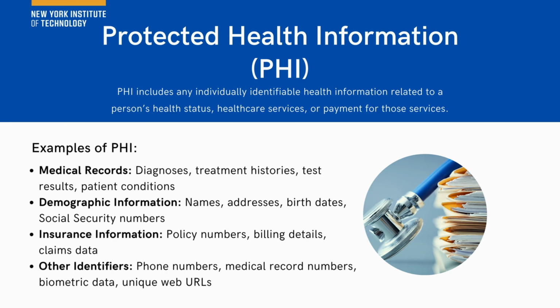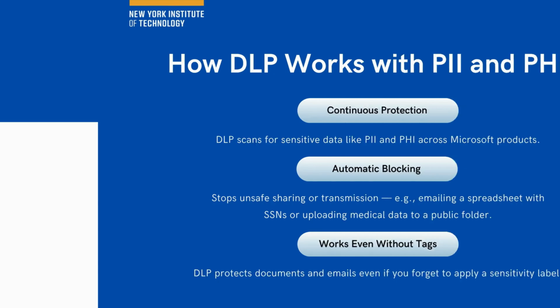Examples of PHI include medical records, diagnoses, treatment histories, test results, and conditions; demographic information: names, addresses, birth dates, and social security numbers; insurance information: policy numbers, billing details, and claims data; other identifiers: phone numbers, medical record numbers, biometric identifiers, or unique web URLs.